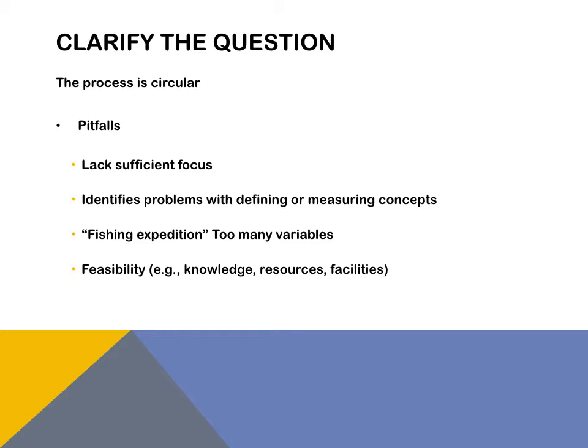Try to identify problems that really lend themselves to those concepts being used. My director of my master's and doctoral program always said, never go on a fishing expedition. And I only started to realize what that meant when I started to do research on my own. Sometimes we throw spaghetti up on the wall and we see what sticks, and we take that one and we run with it, right?